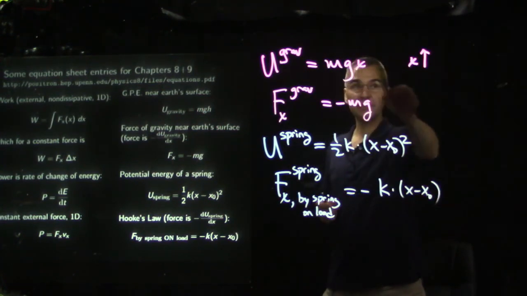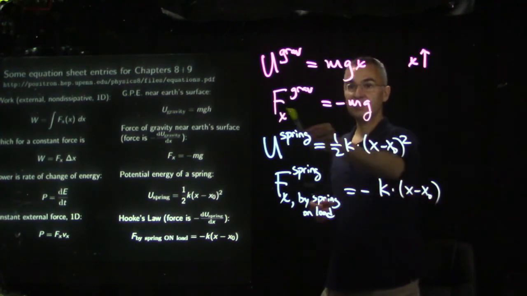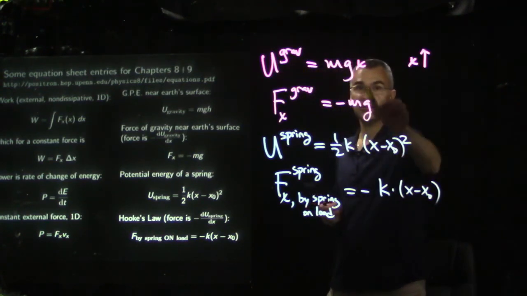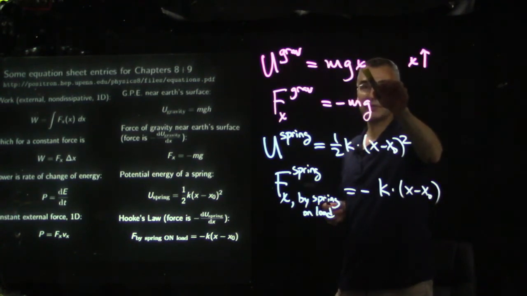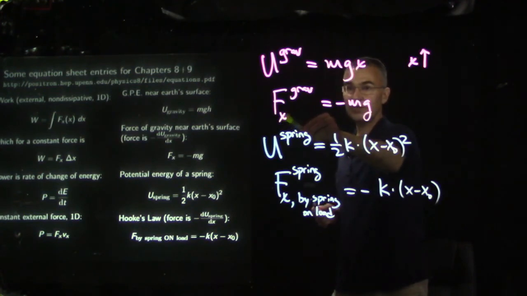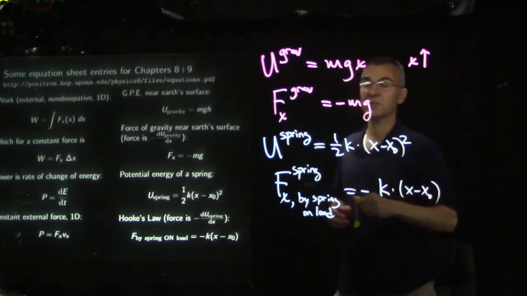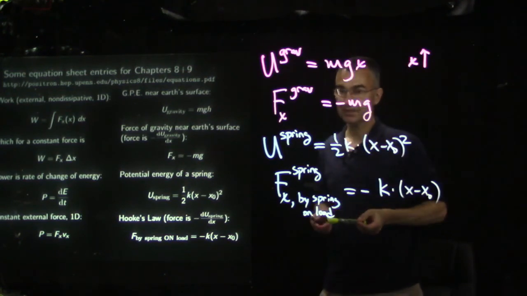But if we do write mgx here, then the gravitational force in the x direction, you see, is just minus the derivative with respect to x of this potential energy function. So it's minus mg, because m and g are constants, and the derivative of x with respect to x is 1. So force is minus the derivative with respect to position of potential energy.